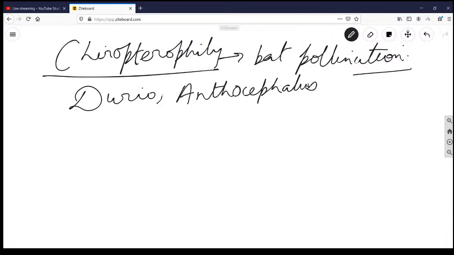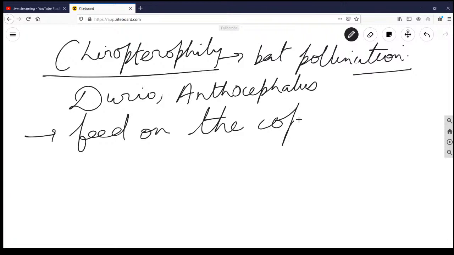Bats also feed on copious nectar, the abundant amount of nectar produced, and pollen which is plenty as compared to bird pollinated flowers.